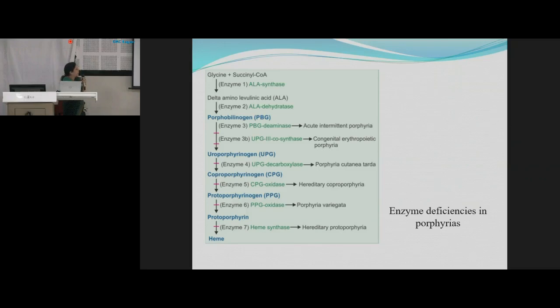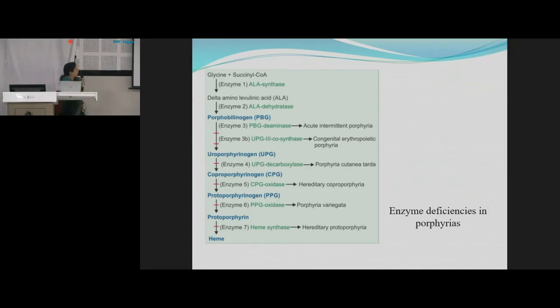If the enzyme deficient is protoporphyrinogen oxidase, it leads to variegate porphyria, that is this oxidase is required for conversion of protoporphyrinogen 3 to protoporphyrin, and the porphyria is variegate porphyria.